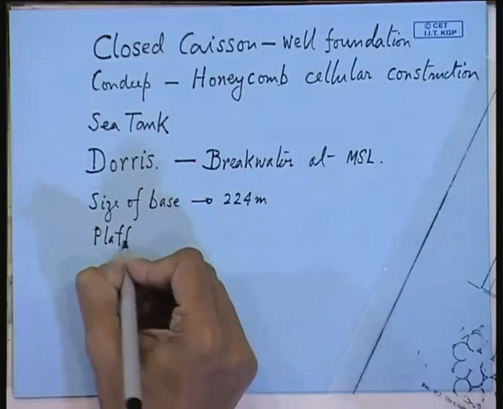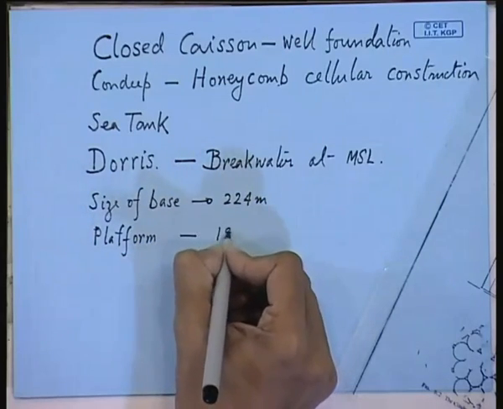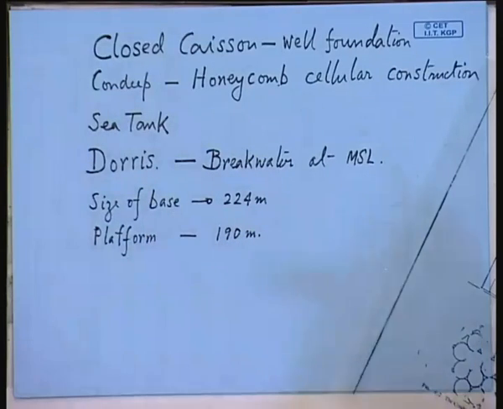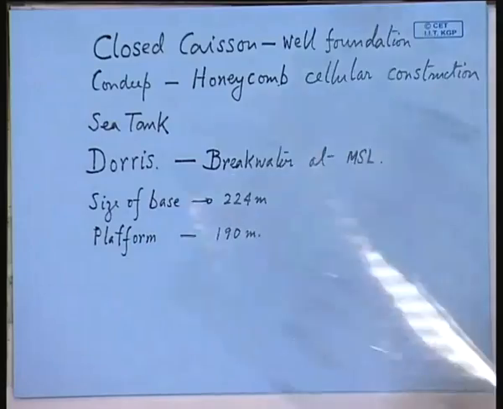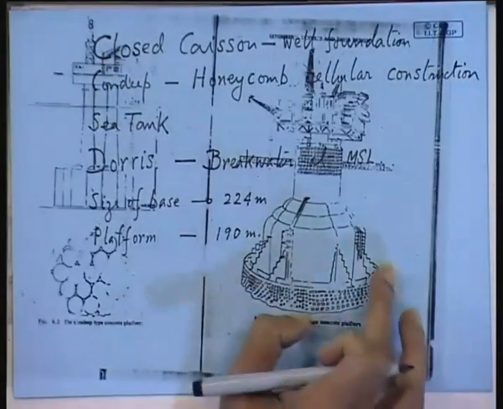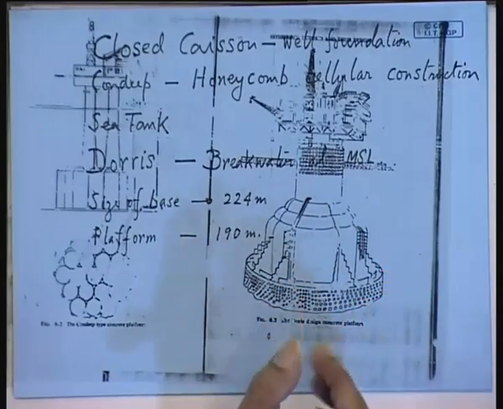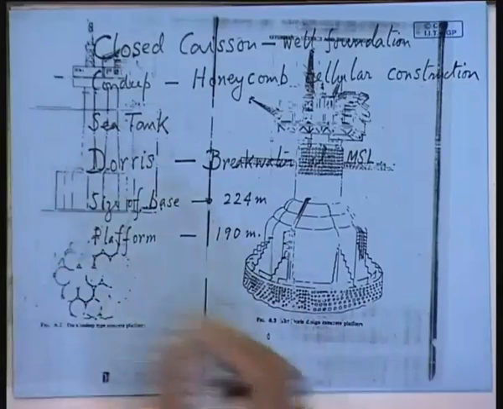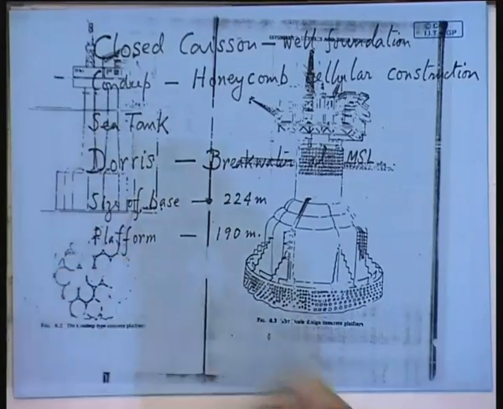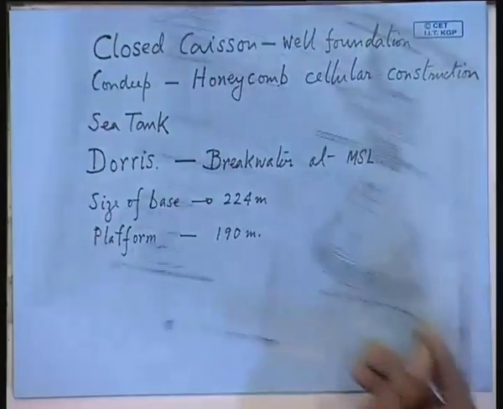Platform height can be as high as 190 meters. Base dimensions, I told you, bases are to be made particularly heavy and wide. So, base girth or base width is of the order of a few hundred meters. That is why the mass or weight of the platform is a few lakh tons, which is taking care of your weight.